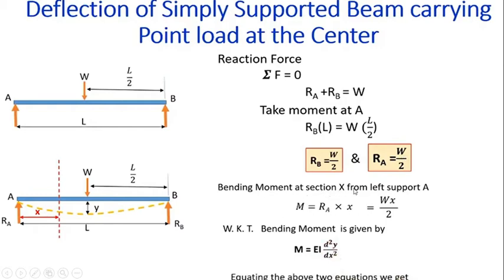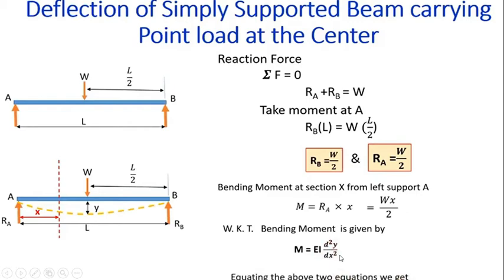Bending moment at the x section from left support A, M is equal to RA into x, which is equal to Wx divided by 2. We know that the bending moment is given by M is equal to EI d square y by dx square.